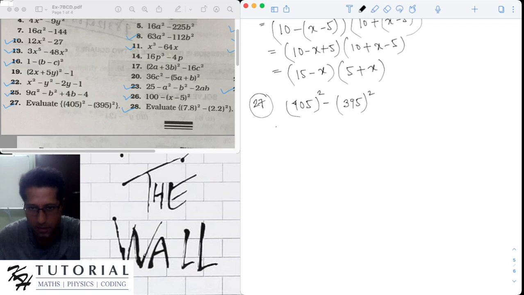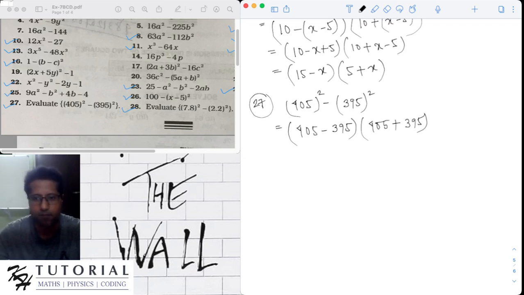Now we can easily factorize it as 405 minus 395 multiplied by 405 plus 395. Now 405 minus 395 is equal to 10, and 405 plus 395 is 800. So this is equal to 8000.